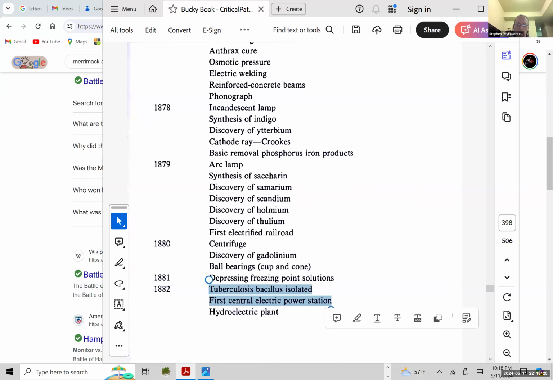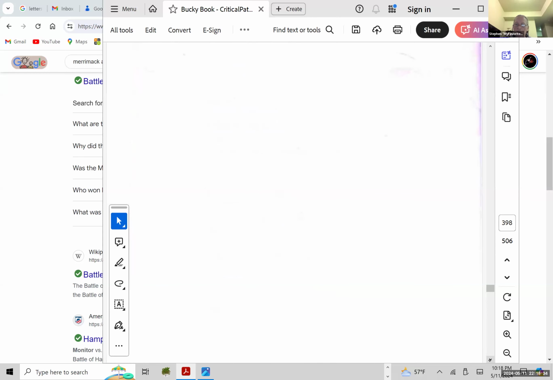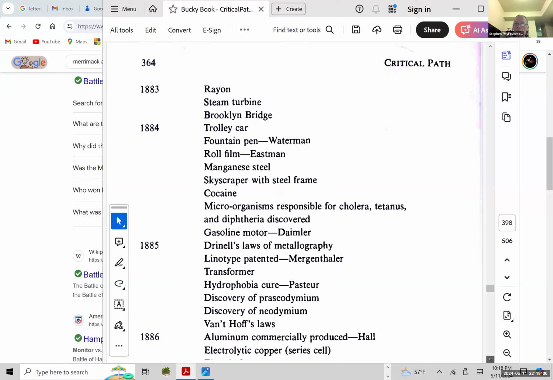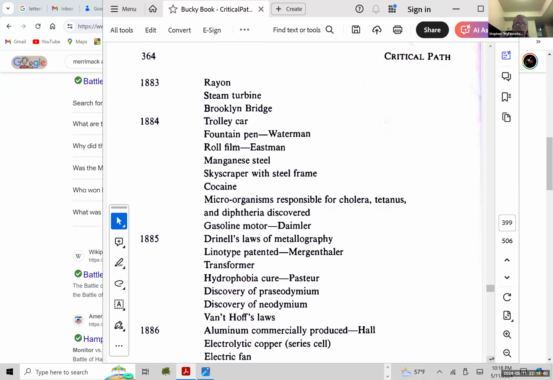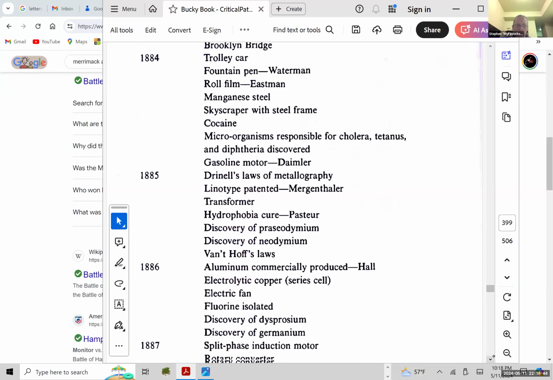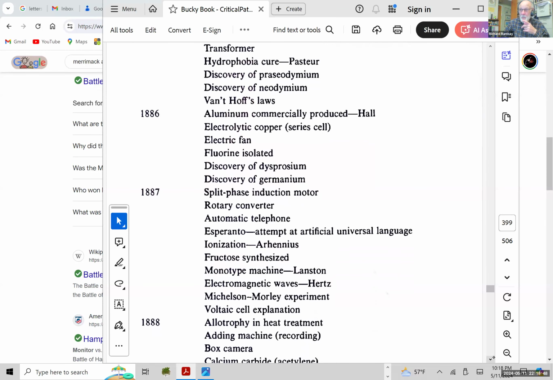Tuberculosis was isolated. The first central electric power station in 1882. Okay, 1885. Where do you want to go? 1890s? Well, we can stop on 1885.